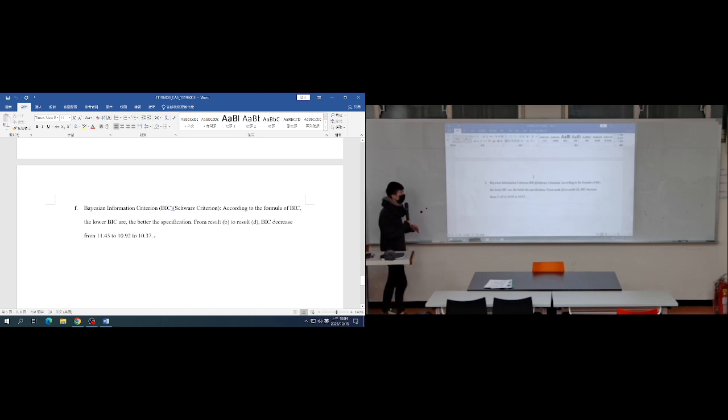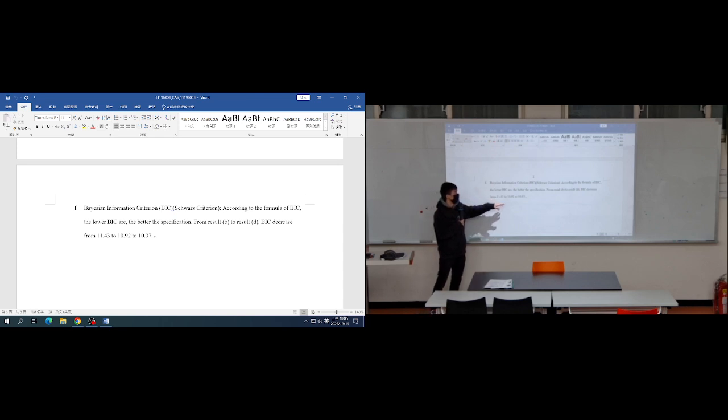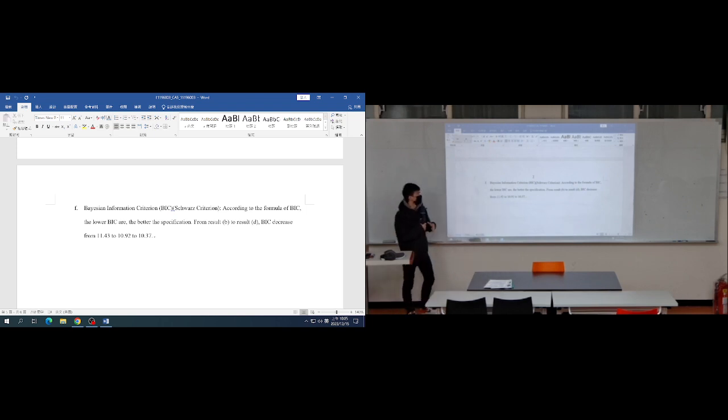And for BIC, it's the same rule as AIC. From result B to D, BIC decreased from 11.43 to 11.37. So this also means that there's an error from omitting the relevant variables in this case.